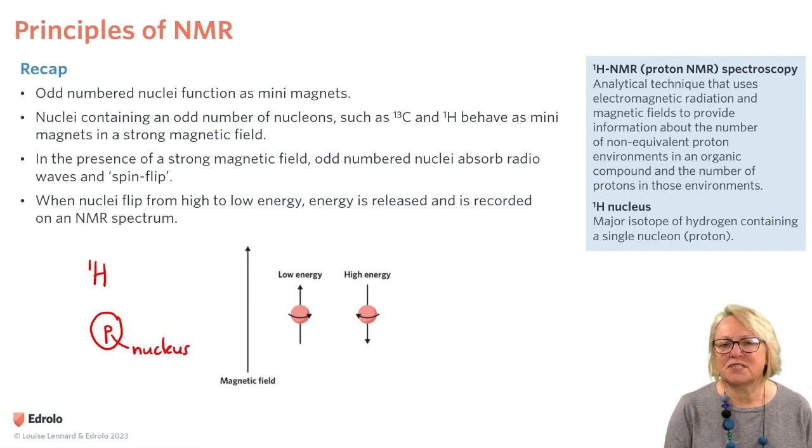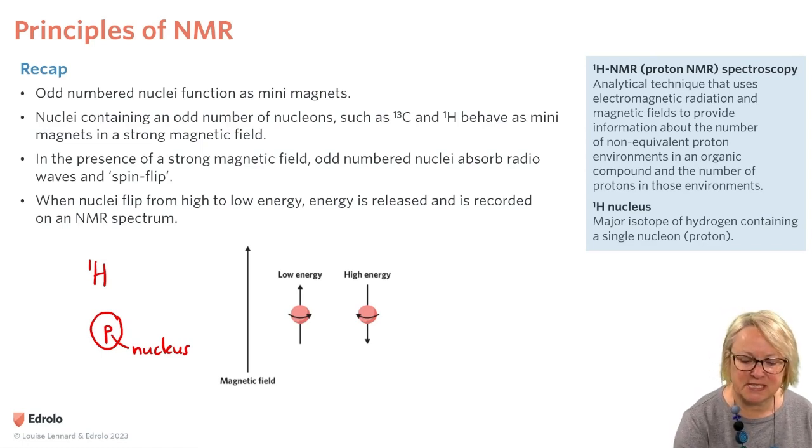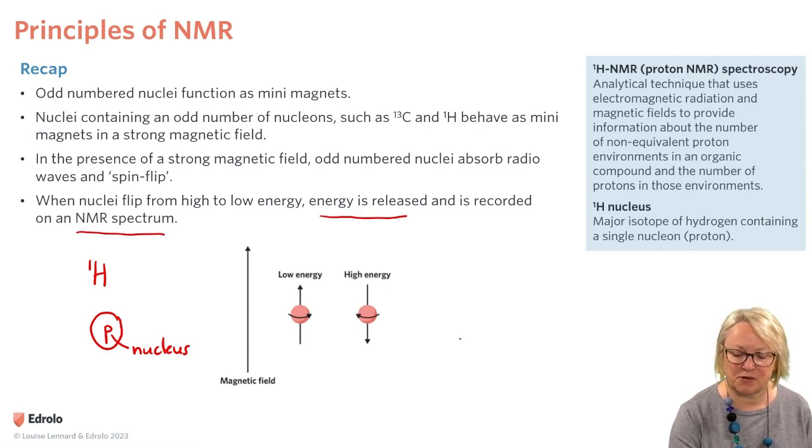In the presence of a strong magnetic field, the odd-numbered nuclei absorb radio waves and spin flip. And then when the nuclei flip from high energy to low energy, energy is released and recorded on an NMR spectrum, just like it was for 13-carbon NMR.